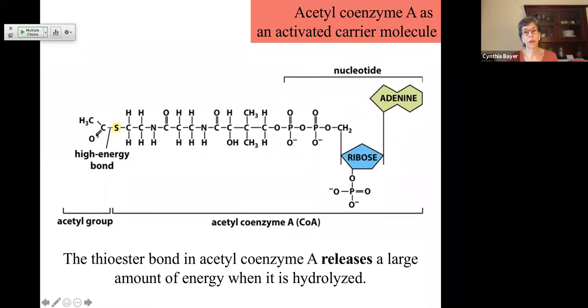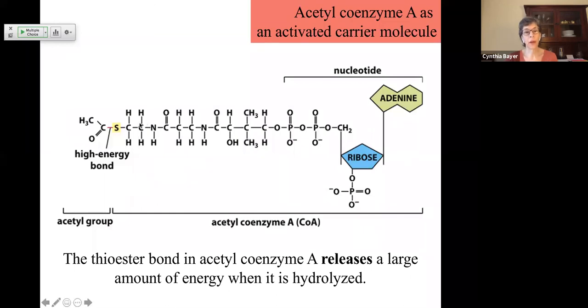thioester linkage. This is another molecule that carries energy in the form of its chemical bond that is important for driving forward a non-spontaneous reaction in cell respiration.